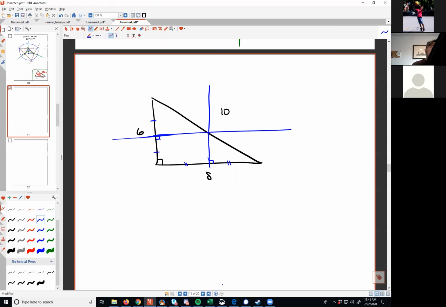Now notice that we've drawn a rectangle in this diagram. Notice that triangle AYO is similar to ACB. How do we know that?